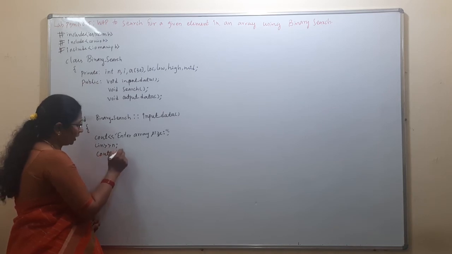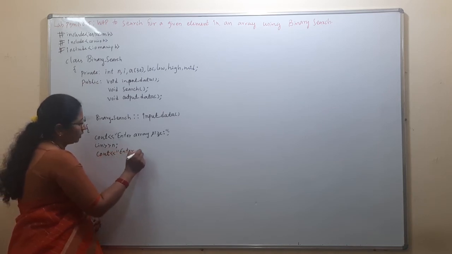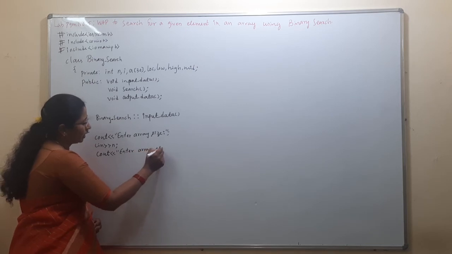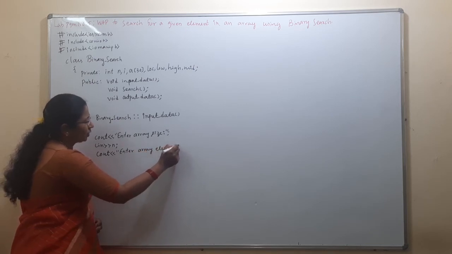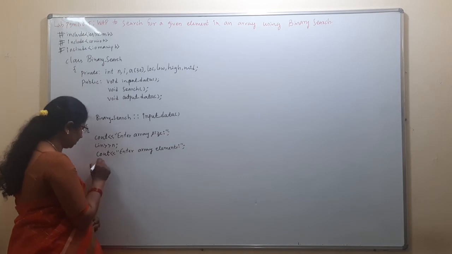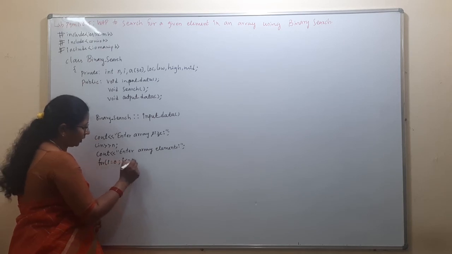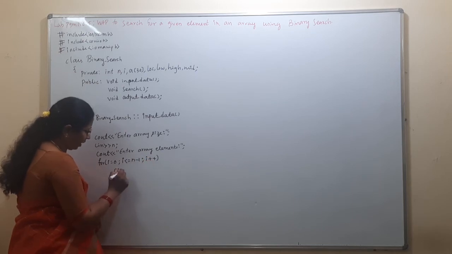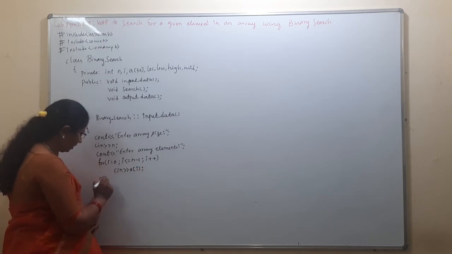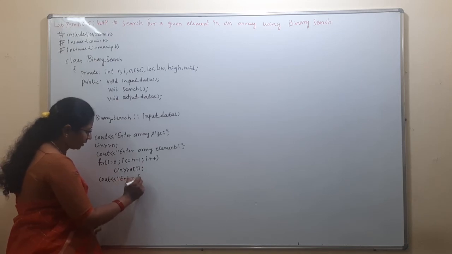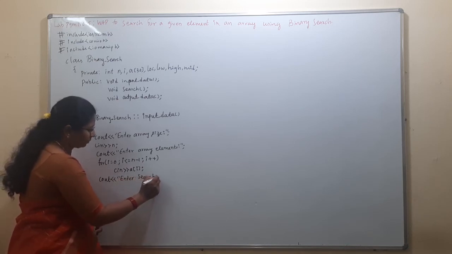Cout, enter array elements. You need to enter the array elements with one for loop, because a one dimensional array index starts from 0 to n minus 1, then i plus plus. Accept the value with the variable a of i. Then we need a searching element. Cout, enter searching element.